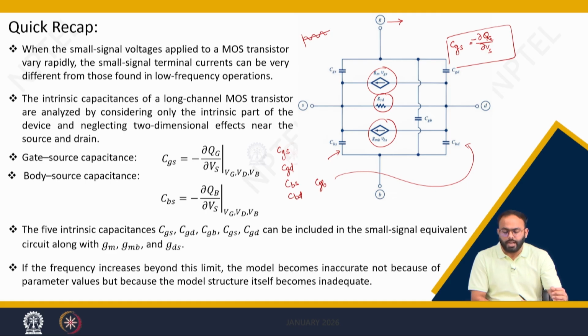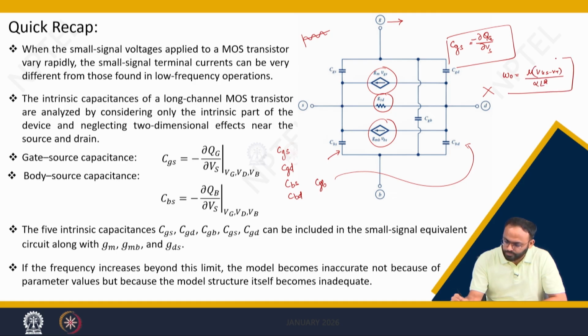Later, we said that there should be a validity of this model, meaning when the frequency of the input signal is very high, this model is not applicable. So, we have to define an upper limit of the frequency with which this model is applicable. We said that the upper limit can be defined as mu into VGS minus VT divided by alpha into L square.